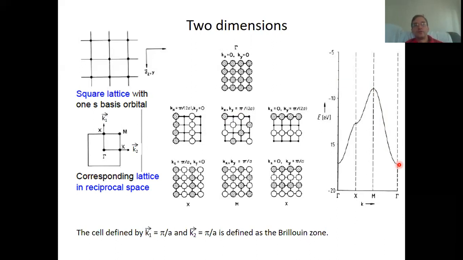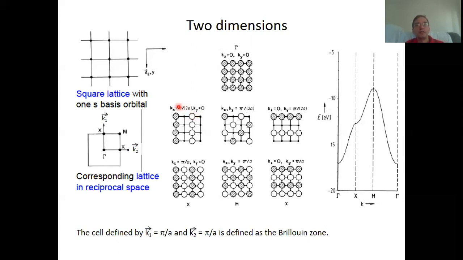All right, you could also think, for instance, about the case in which kx is equal to pi over 2a and ky is equal to 0. This means that you would go halfway to the point x in this direction. So this crystal orbital would be located here. In this case, you would have a non-bonding situation in the x direction, just because you introduce these nodes here in which the amplitudes of the 1s orbitals would be 0.